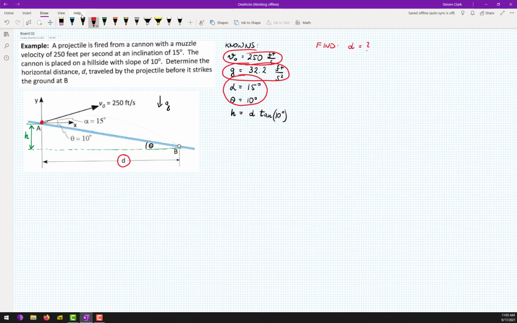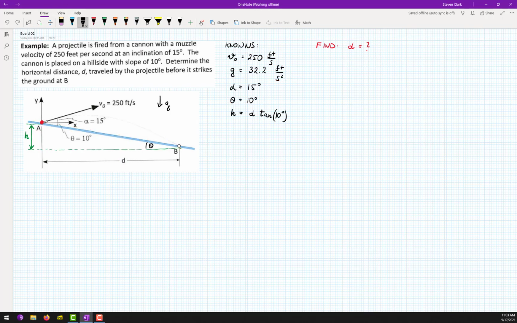By the way, you can see that I already introduced one more parameter, the height h, and based on this triangle, you can figure out this expression for h.